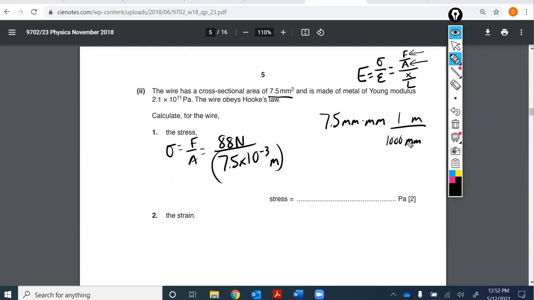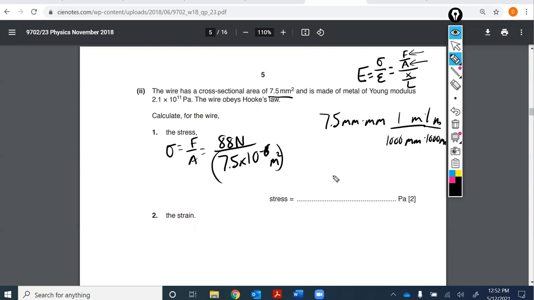We'd have to divide this by 1,000 and then divide it by 1,000 again to get square meters. A Pascal is a Newton per square meter. So 7.5 divided by 1,000, divided by 1,000 again, now we've got it in square meters, and so it should be 7.5 by 10 to the negative 6, right? And then it's meters squared.